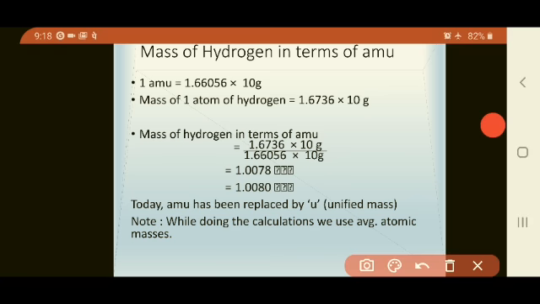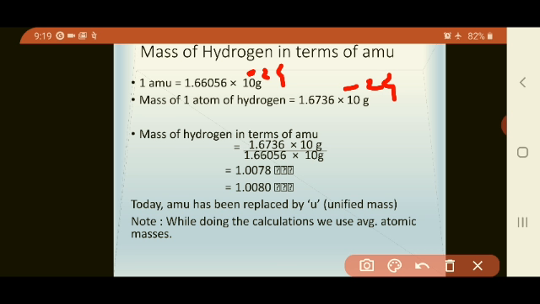So the mass of 1 AMU is equal to 1.66056 × 10^-24 gram. And the mass of one atom of hydrogen is 1.6736 × 10^-24 gram. See, from these values you will come to know it is 10 to the power minus 24, means it is a too small value.